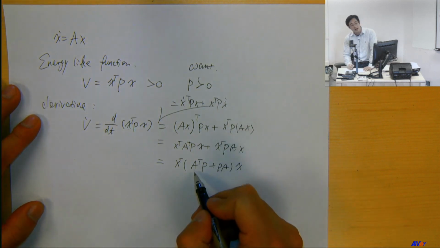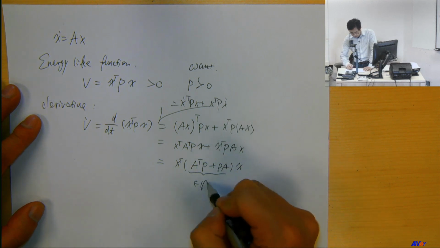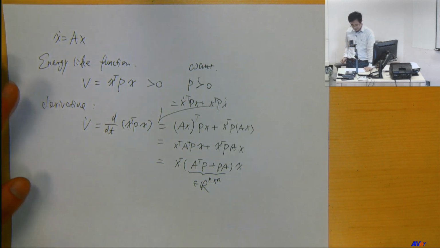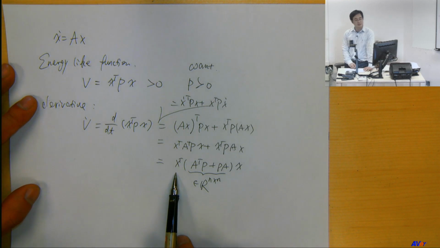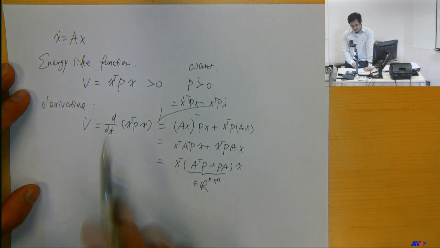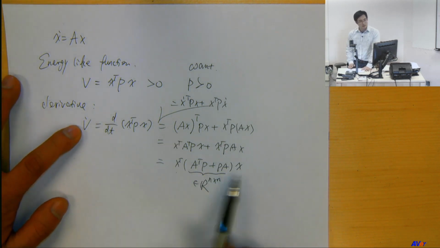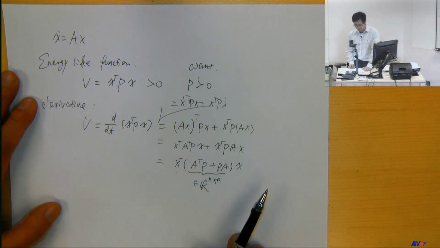So if A is an n by n matrix and P is an n by n matrix, this is still an n by n matrix. This is also a quadratic function. So what we're going to talk about in the next lecture is under what condition, from this formula, the system is going to be stable.